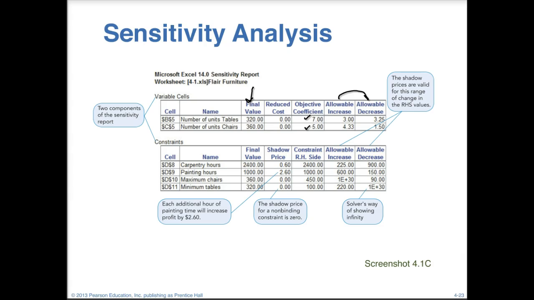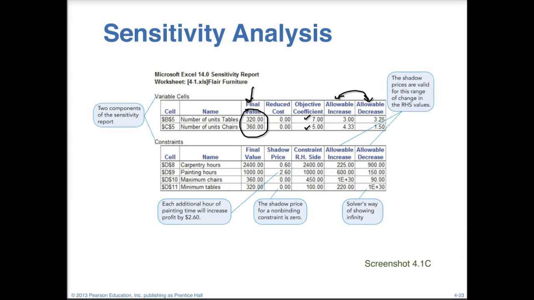So these two columns tell us that, as long as we want to keep these solutions, we can go no more than $3 up in profit for the tables and no more than $3.25 down.